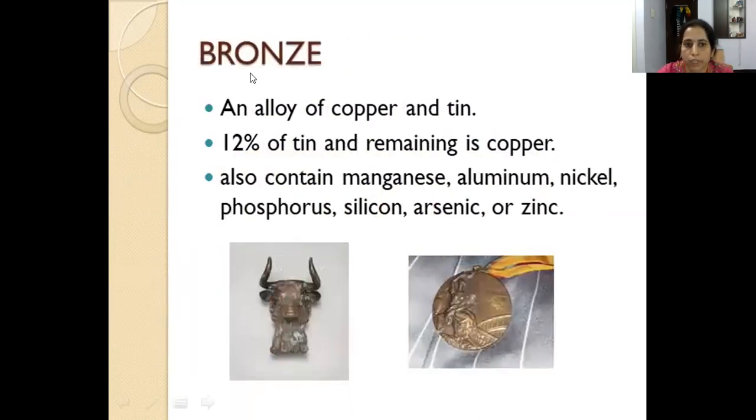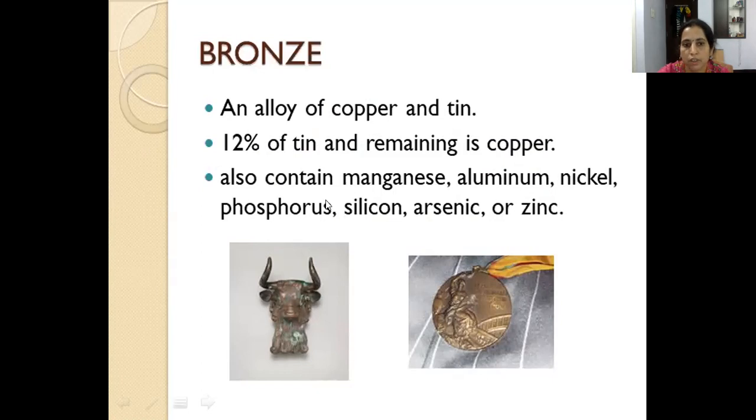Next, we are moving to the bronze. As I said, bronze is an alloy of copper and tin, whereas brass is an alloy of copper and zinc. The percentage of tin is 12%, the remaining is copper. It does not have only copper and tin, just as brass does not have only copper and zinc. Many other elements are also added.